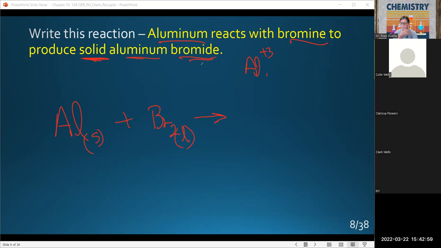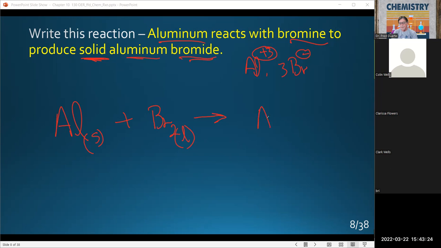Bromide, like chloride, is group 7, so it would end up with a -1 charge because it will gain 1 electron. It's a non-metal. And so here we have the cation and the anion, and we need to use 3 bromides for every aluminum ion.